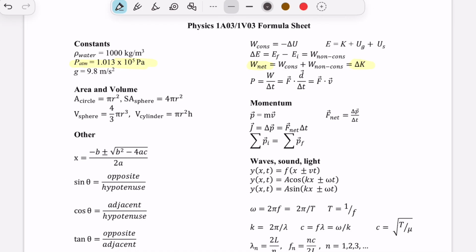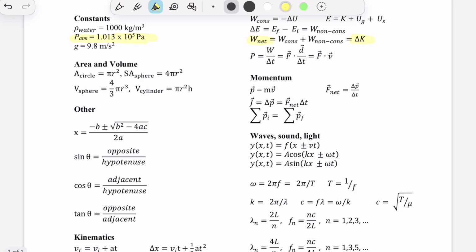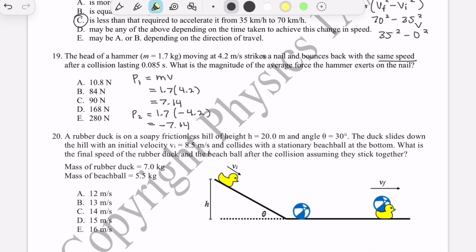So going back to the formula sheet, we know that the change in momentum equals net force times time. So delta P equals F net delta T. Delta P is final minus initial.